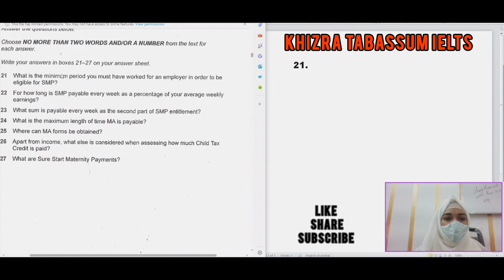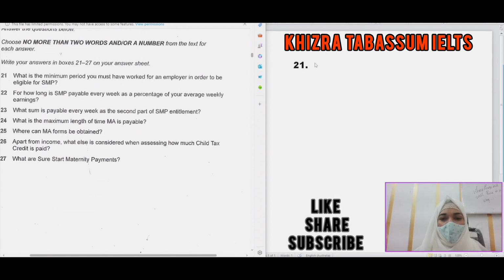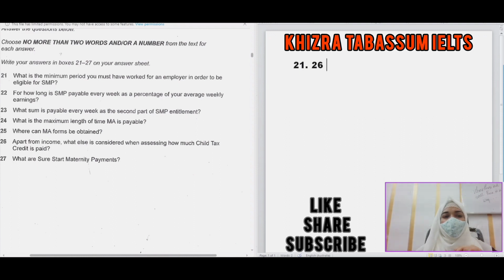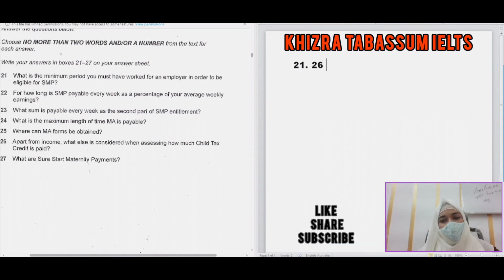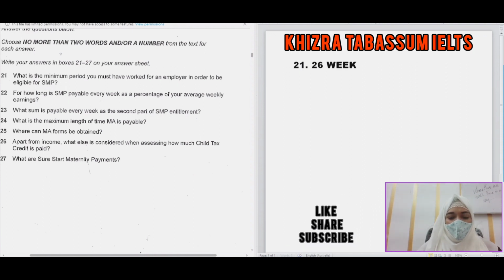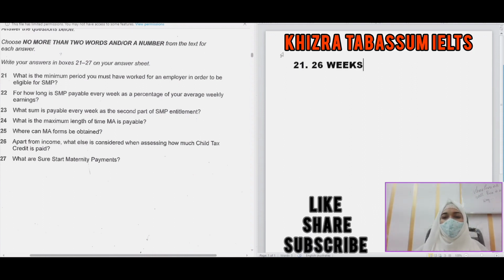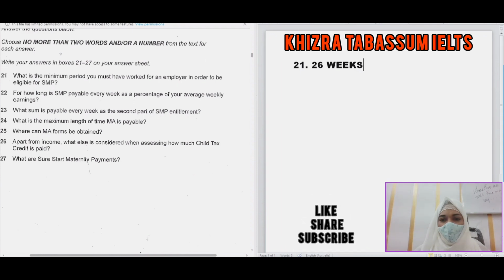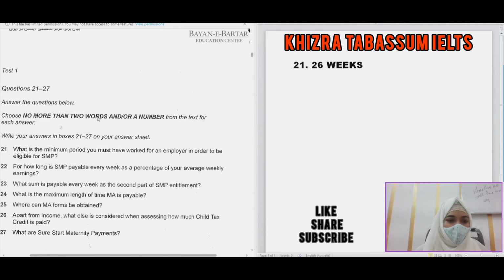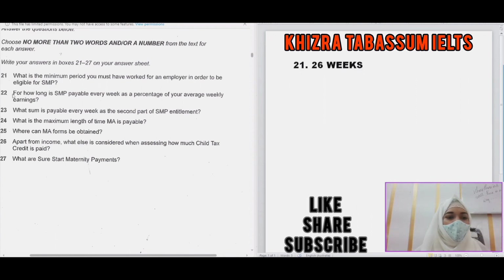The minimum period is 26 weeks. So we got our answer: 26. Here we can write a number and a word, okay, no problem. While writing your reading or listening, write with uppercase letters only so that there won't be any issue.